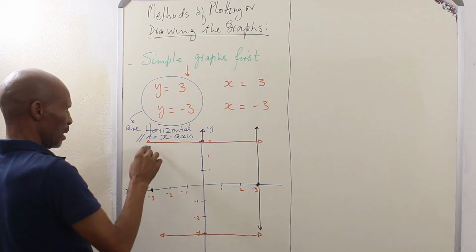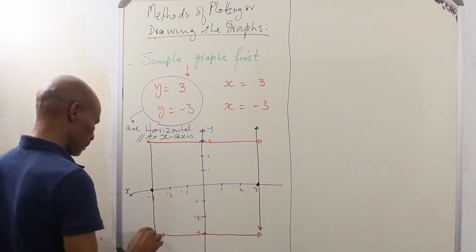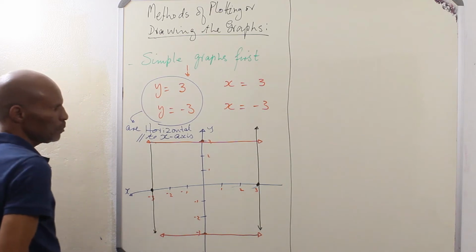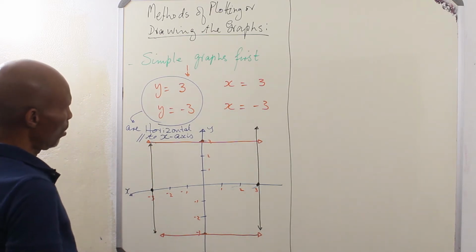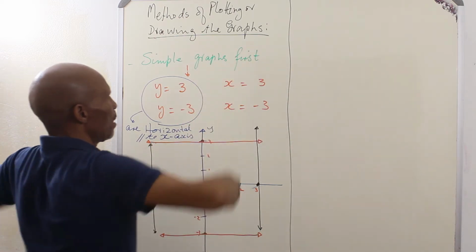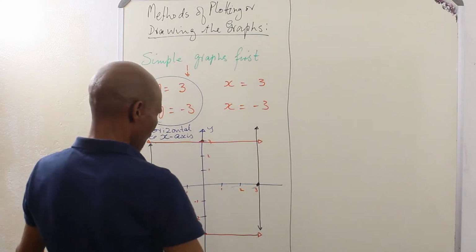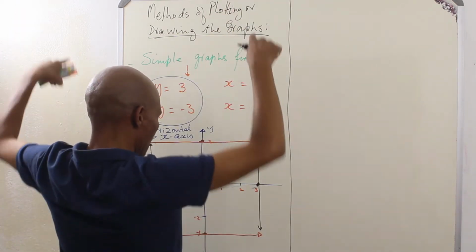Nali point. X is minus 3. U-x noma ngabe yipi number baqhamuka phezulu baye phansi, noma phansi baye phezulu kusho ukuthi ba vertical.